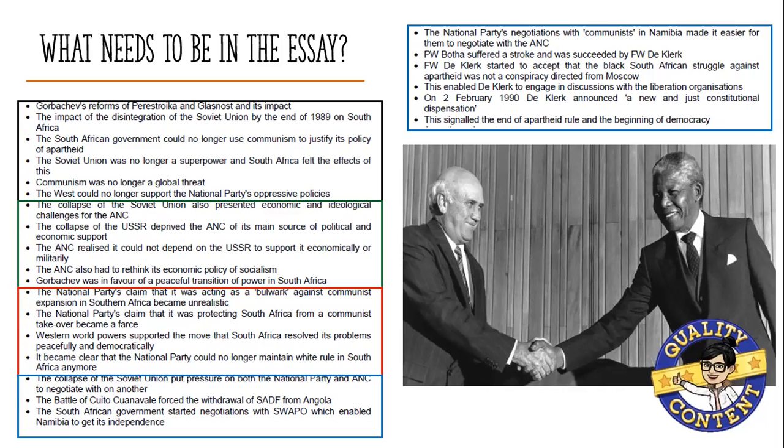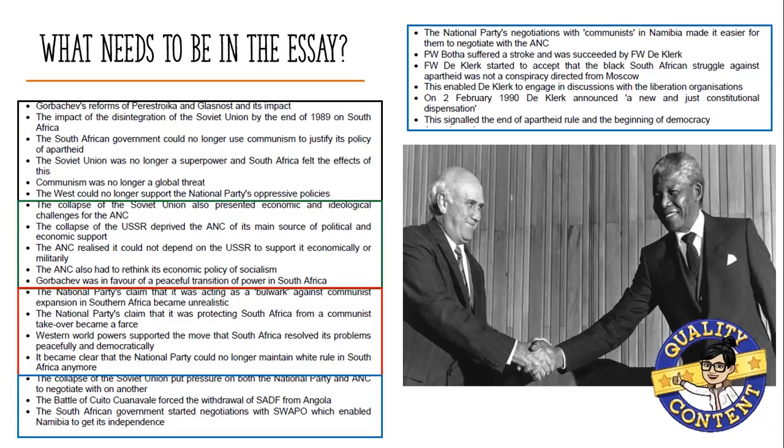And that showed that they couldn't fight anymore. They had to negotiate. The South African government started negotiations with SWAPO, which enabled Namibia to get its independence. The National Party's negotiation with communists in Namibia made it easier for them to negotiate with the ANC, who they also considered communists. P.W. Botha suffered a stroke.